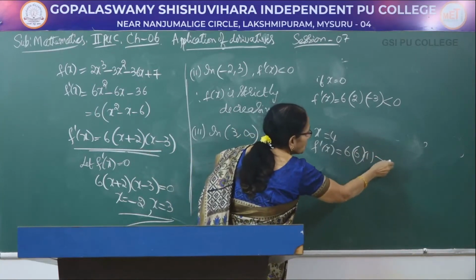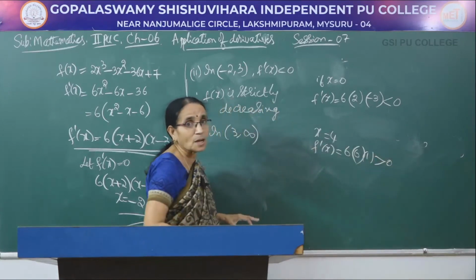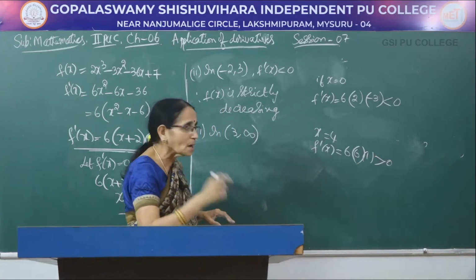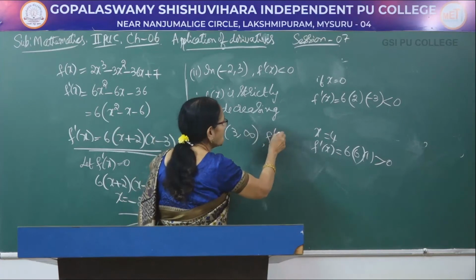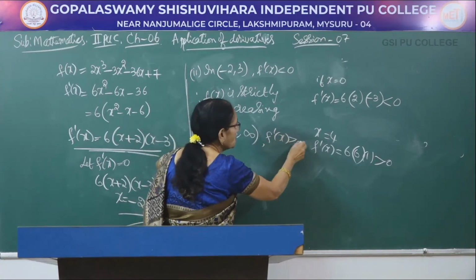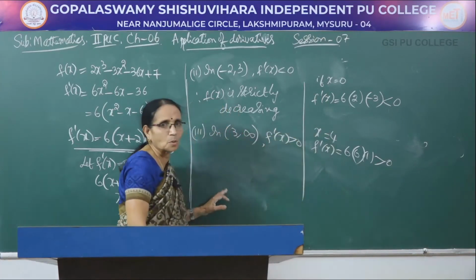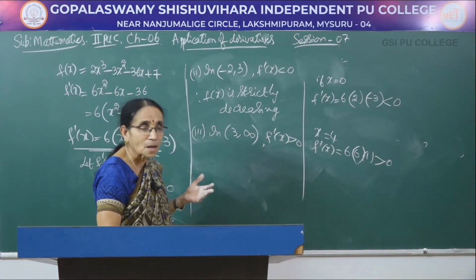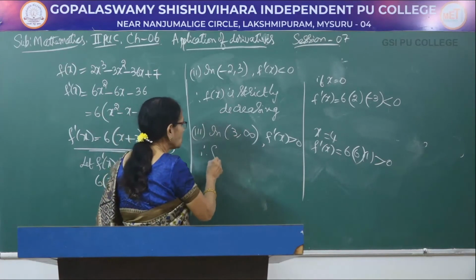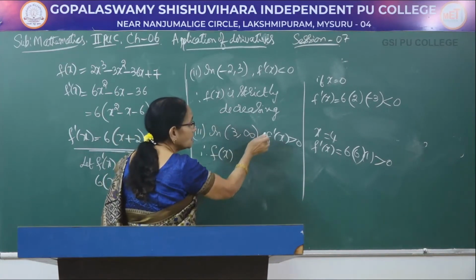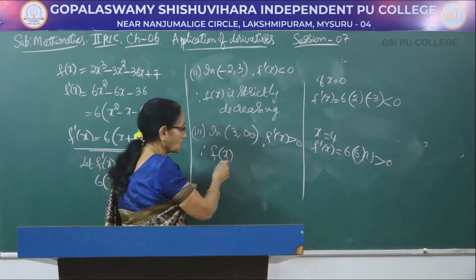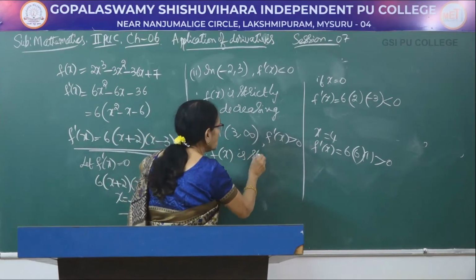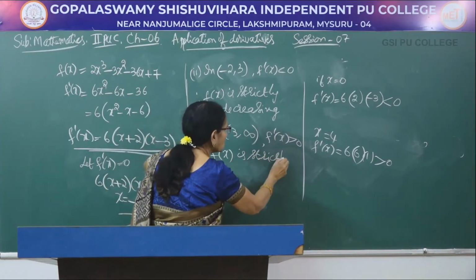So, whatever it is, it is positive. Don't worry about the value. We are interested only in the sign. So, you write f dash x is strictly greater than 0. Greater than 0 means the conclusion is it is increasing. Therefore, f x is strictly increasing.